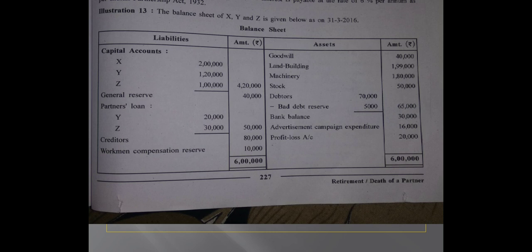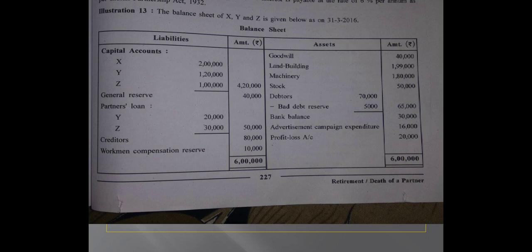Alright, so this is illustration 13, page number 227 in your textbook. The balance sheet of X, Y, and Z is given below as on 31st March 2016. What is the accounting year? 1st April to 31st March.